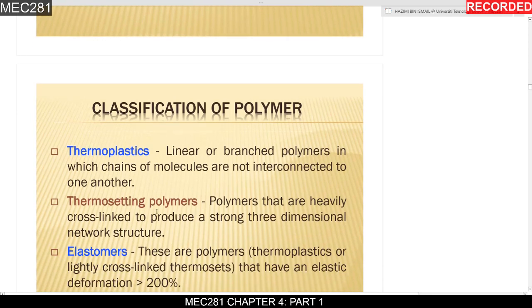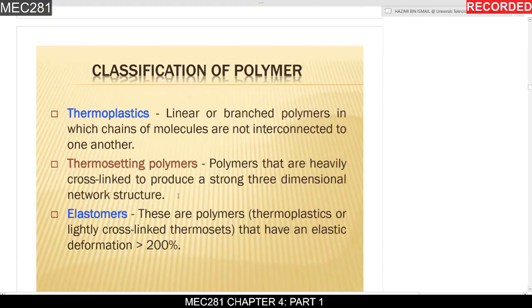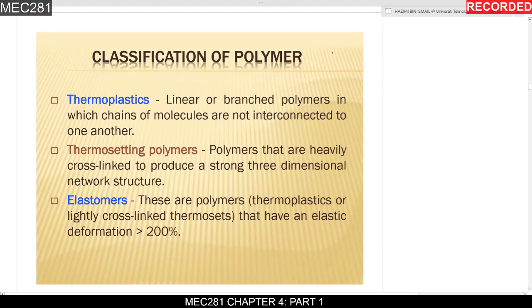Because thermoset polymers are heavily cross-linked to produce a strong three-dimensional network structure. So thermoset is the network polymer. When you have the network polymer, you will have a three-dimensional network structure that is very strong. So this one is strong, this one is weak.